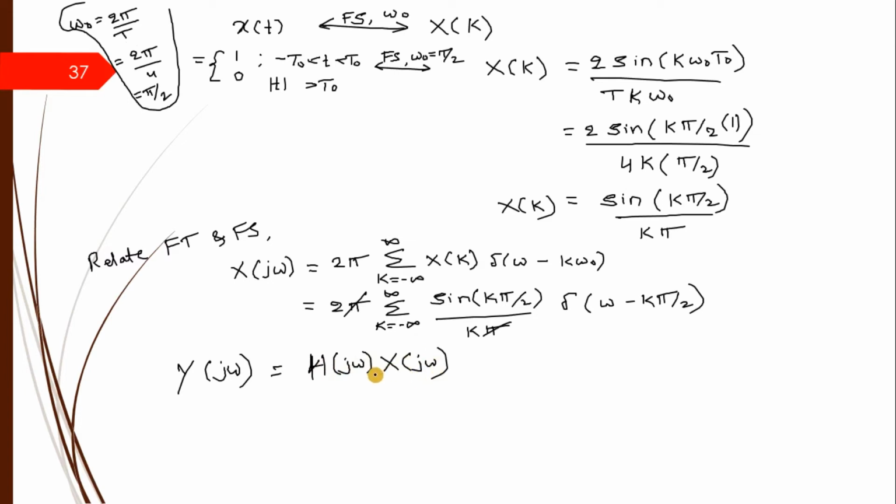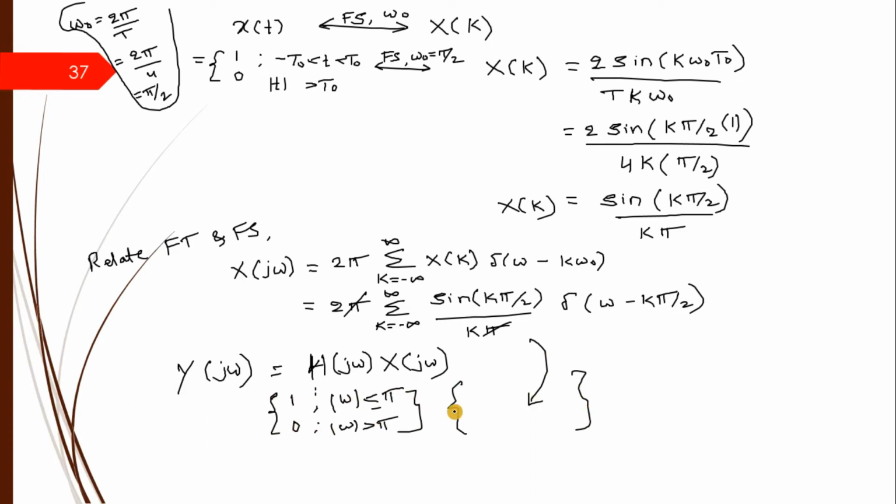Very simple now. What is H of j omega? H of j omega is written as, I'll write it here: it is 1 for omega less than or equal to pi and 0 otherwise. And what is X of j omega? It is here.